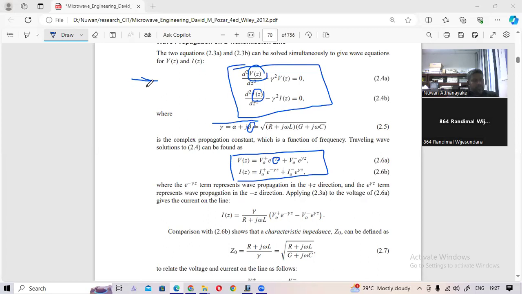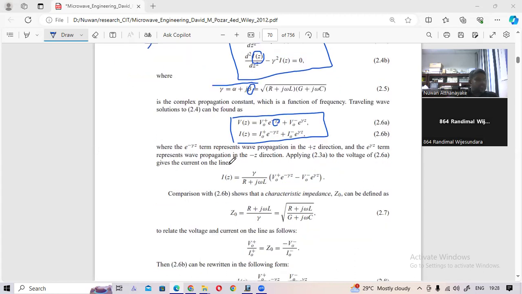No power loss means actually no attenuation. If power loss is there, attenuation happens, no? So you can consider that there is no attenuation anyway. We will see it when we are writing the equation. We will try to understand.